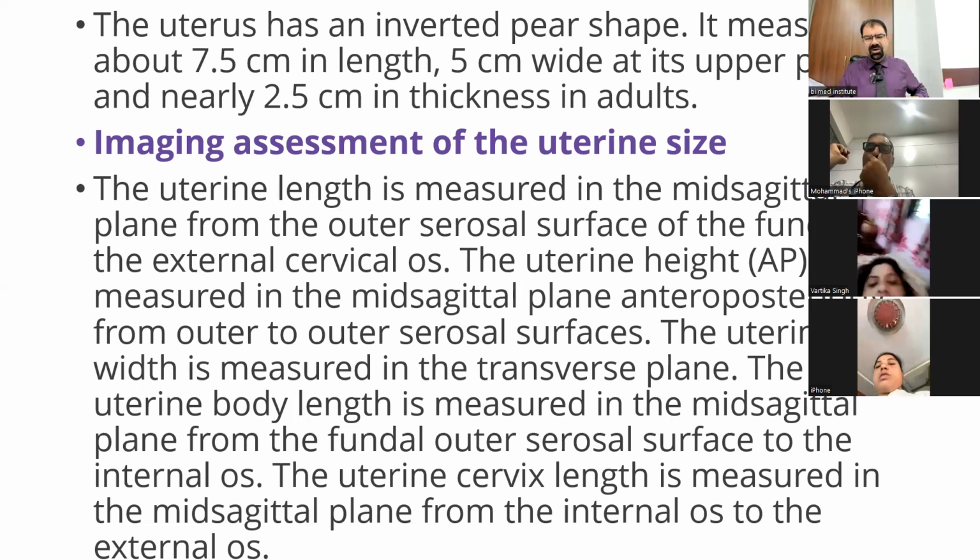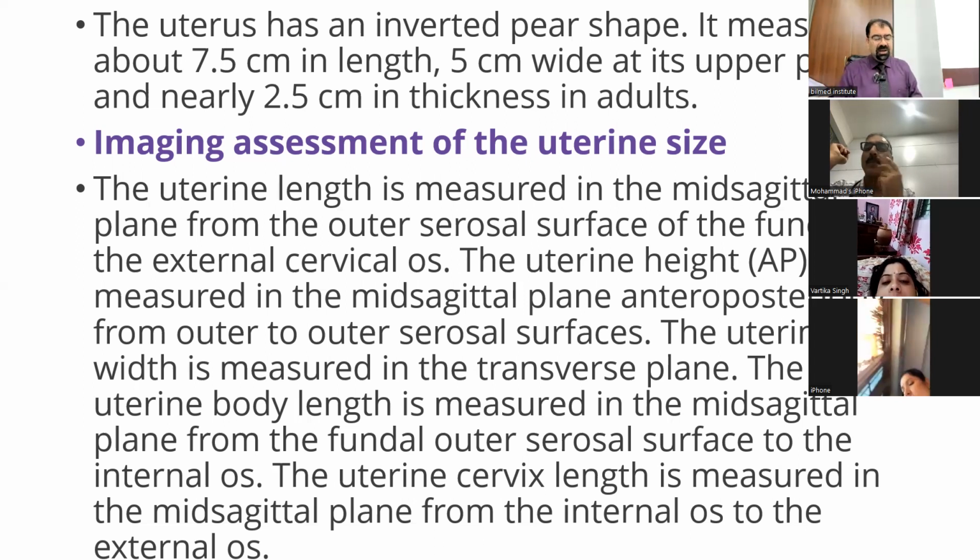I will not elaborate over here because this is already in the course, how to take the measurements. So a note is over here that you have to take the anteroposterior diameter, width, and length, and all 3 cannot be taken in one section. You have to take longitudinal plus transverse sections to take all measurements.